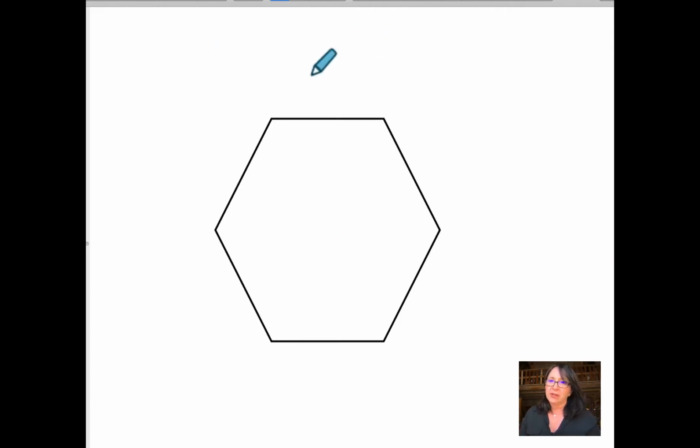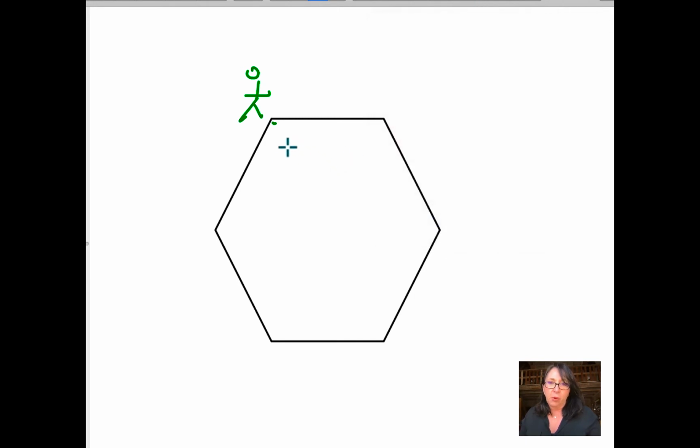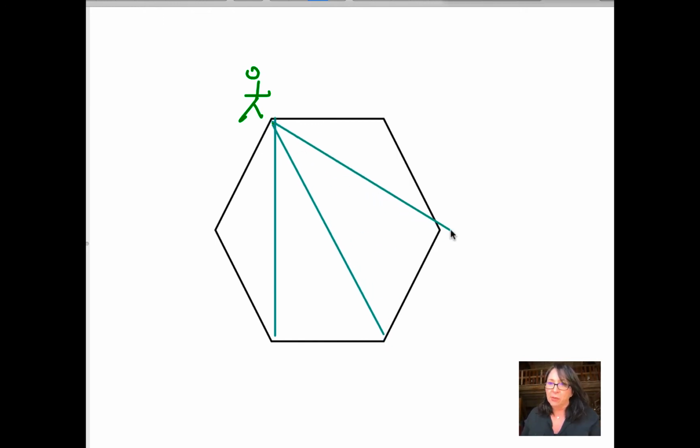This slide is here because I wanted to show you, if you were standing at one of the corners of the hexagon and you decided to divide this hexagon into different portions, you could find the area by connecting one vertex with each of the corners, the vertices.